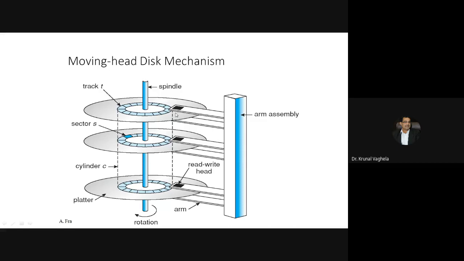Which track? If the track is outside, at the outer side, this head will move backward. And if it is inside, this head will move forward. And then the sectors, these are the sectors. Then for the desired sector, this disk will rotate and the desired sector will be inside the arm, and then the actual data read and write will be performed.